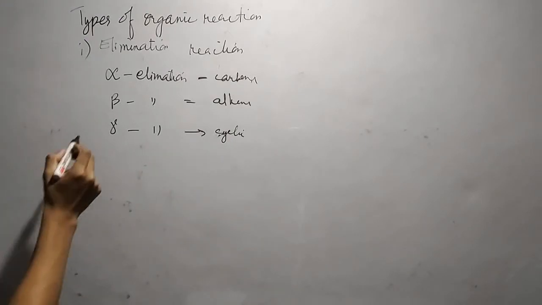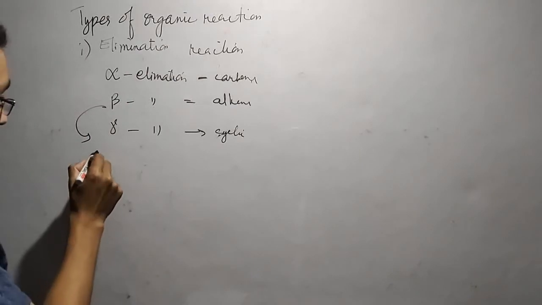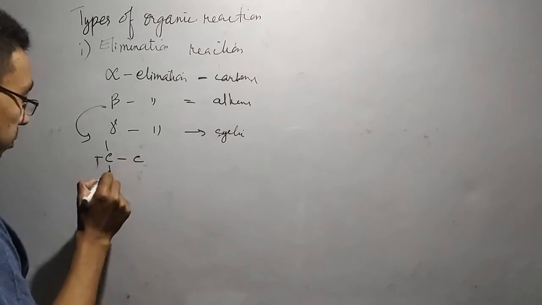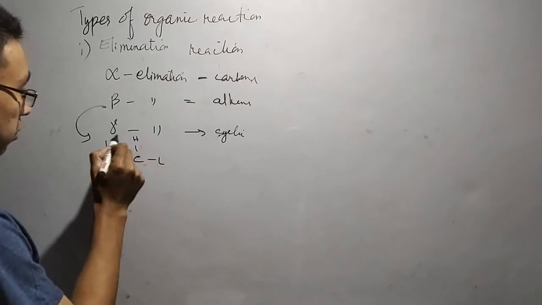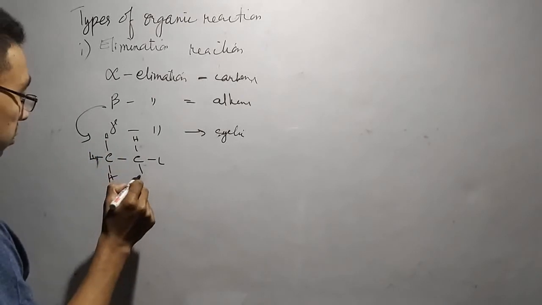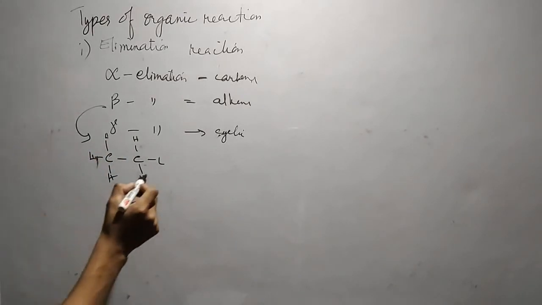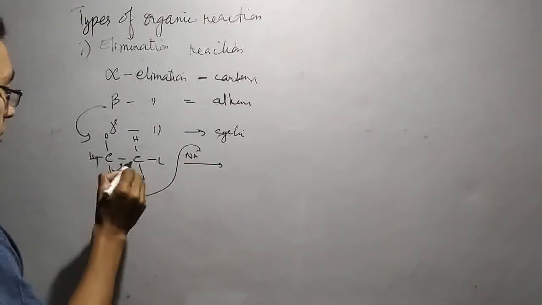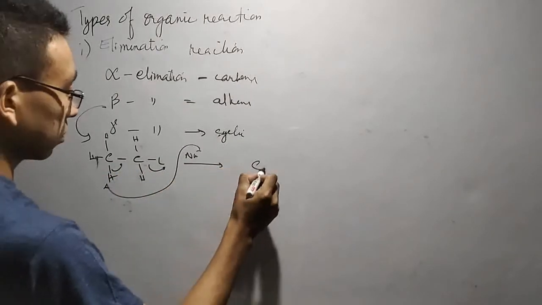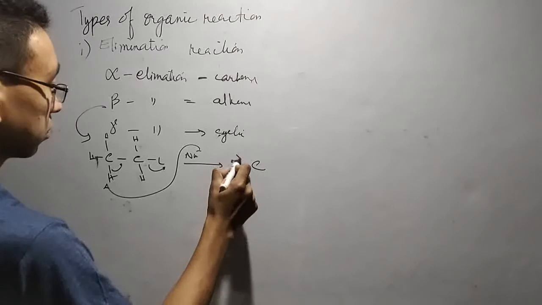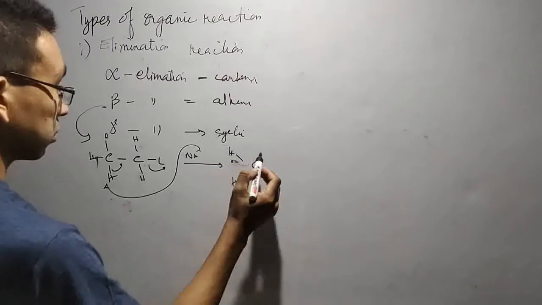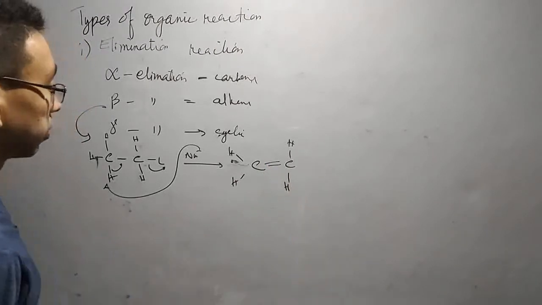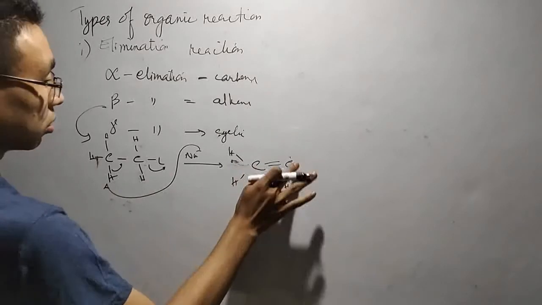So let us see an example of beta elimination. It will be like this. Okay, now here, or you can put like this.